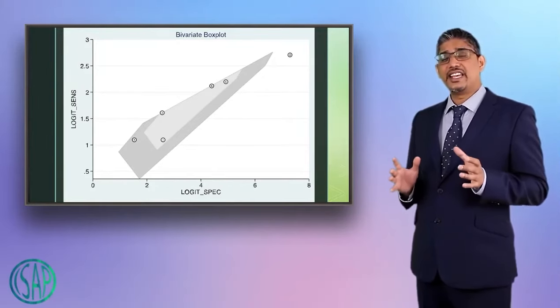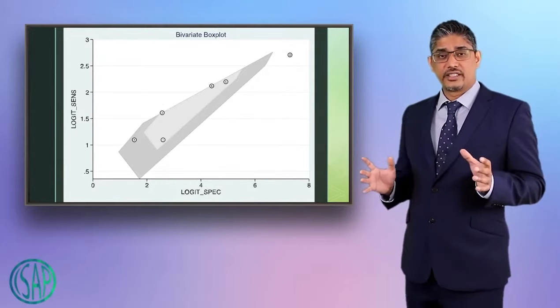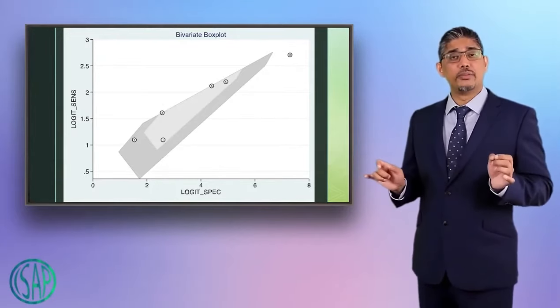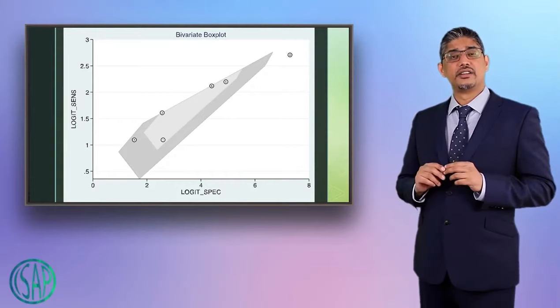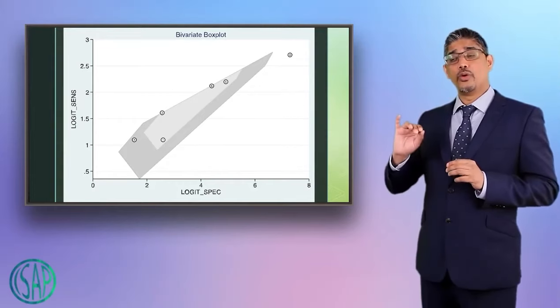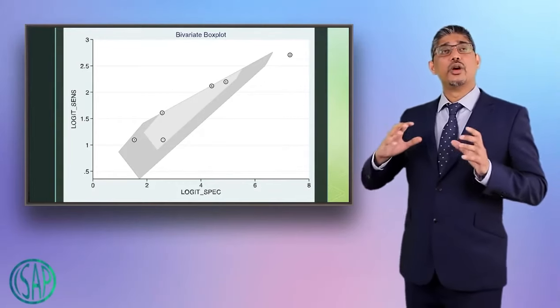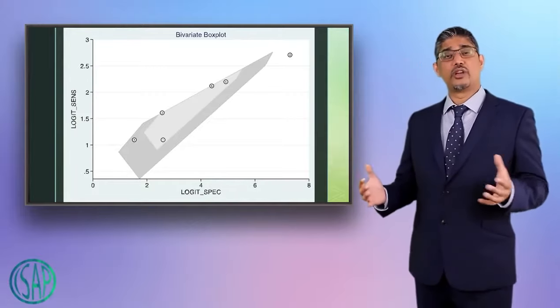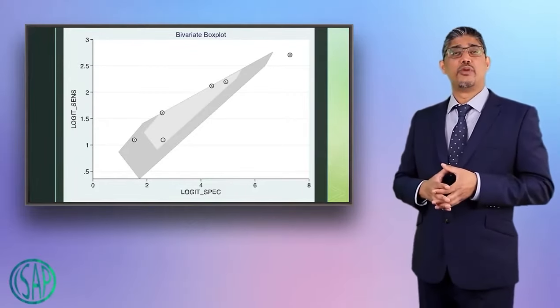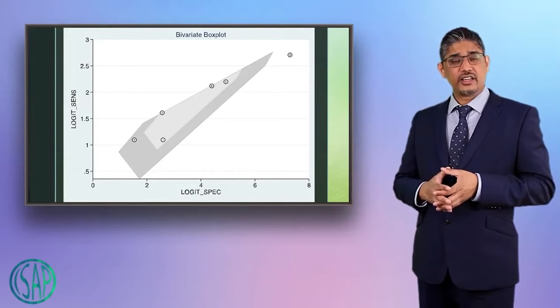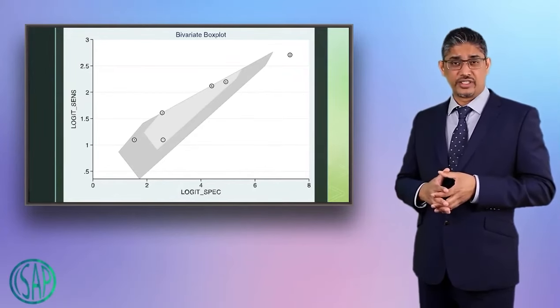So it clearly says which studies are outliers. Therefore, you can drop them from your pooled analysis. So you will only construct a forest plot with those studies which are within the 95% box plot. So with that, I would like to conclude this session if you don't have any other questions.